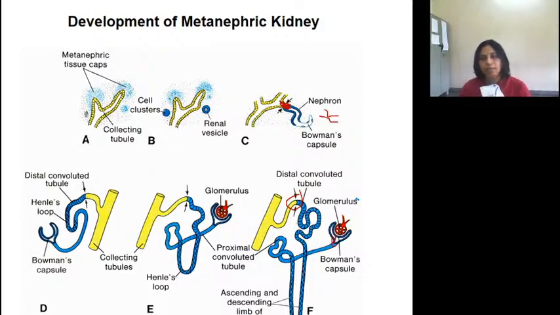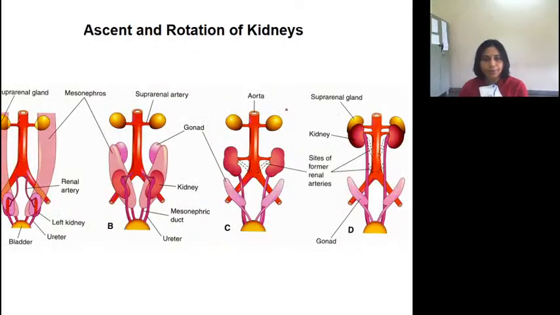That is called ADPKD, adult polycystic kidney disease, the autosomal dominant polycystic kidney disease. So you should remember where the defect in polycystic kidneys is: the failure of fusion of the collecting tubules with the distal convoluted tubules.